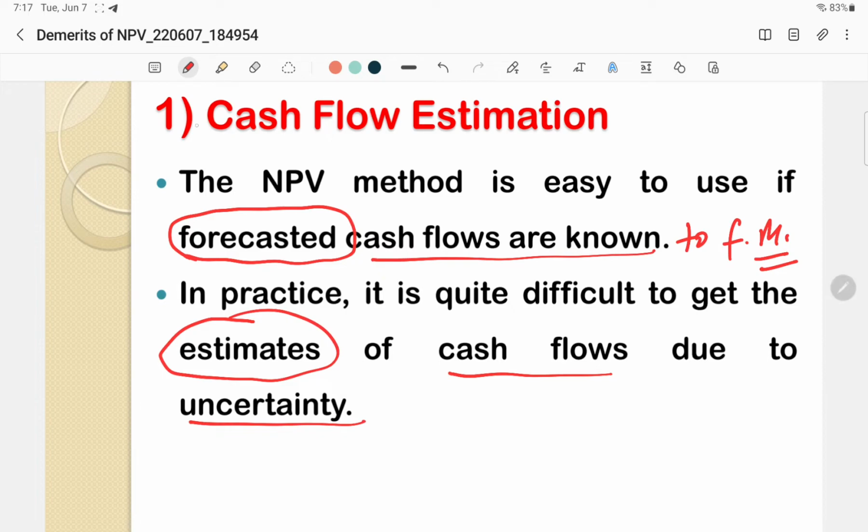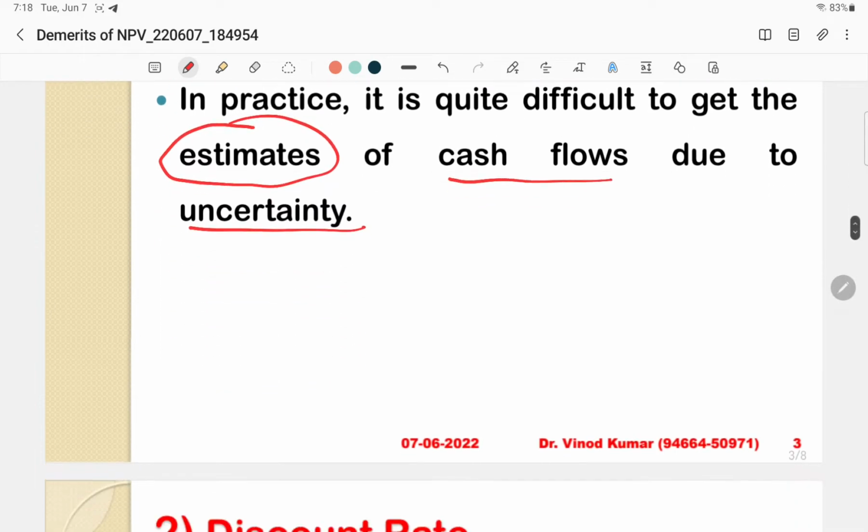But as a limitation or demerit, there is a problem in the correct estimation of cash benefits or costs with respect to a project, right? So, this is the first demerit.